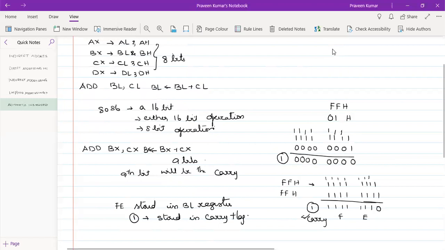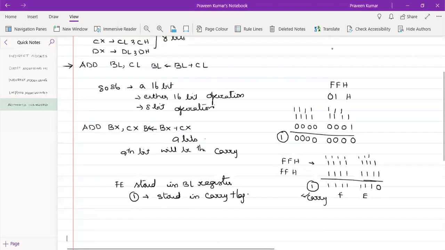If I'm writing a program, I have to look at even the carry flag, because if I don't look at the carry flag, there may be chances that the answer may be wrong. Okay, so this is the first one, that is add.